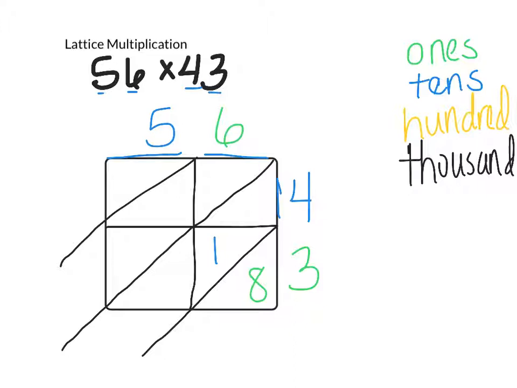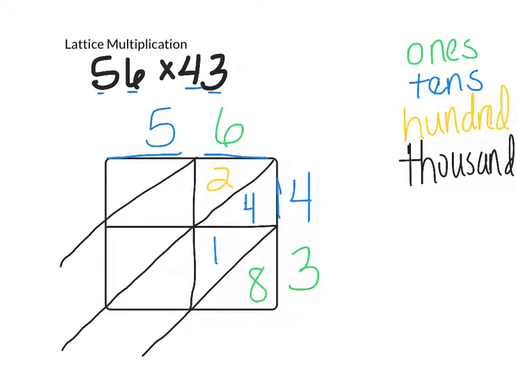And if I come down here, I can do 6 times 40, 6 times 4. And so in that number, 6 times 4 is 24. And because it's really 240, my 4 is a 10, and my 2 is a 100. 60 times 4 is 240.